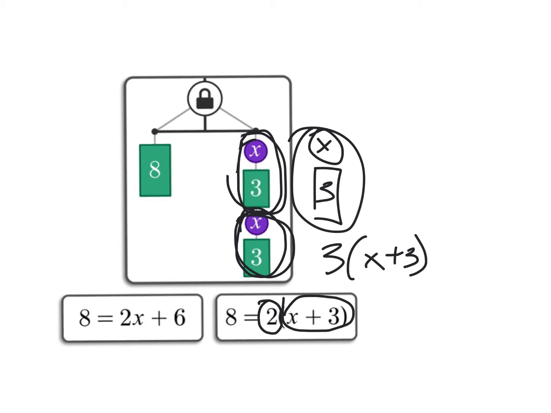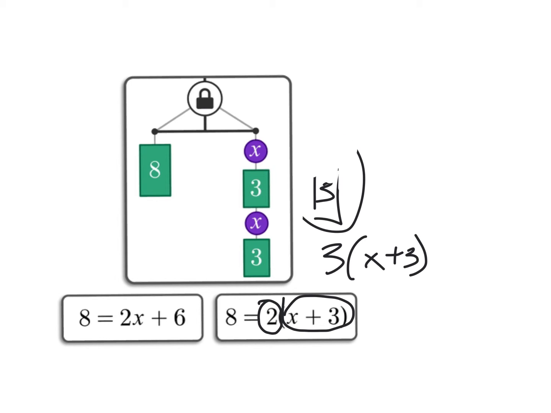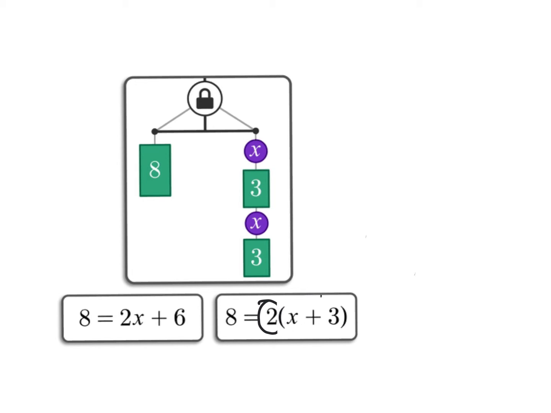So all that being said, when we are trying to work algebraically with solving this, let's look at the weight system and then look at the algebra. So one way we could do this is say, I'm going to divide both sides in half. If I divide 8 in half, that would give us 4.